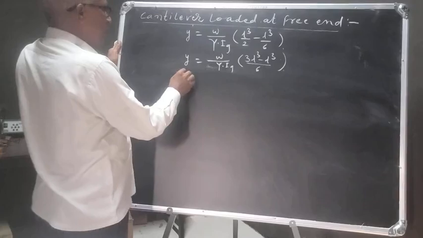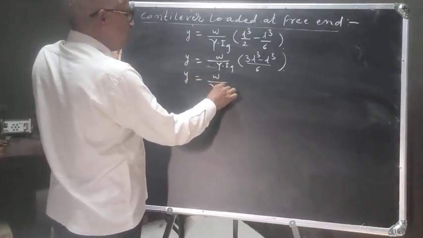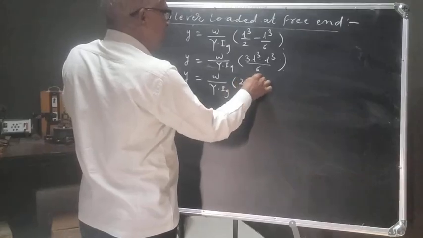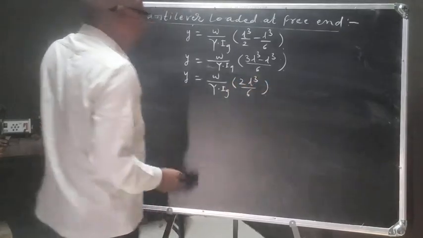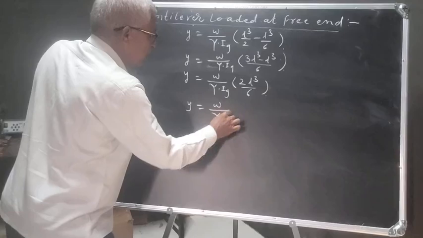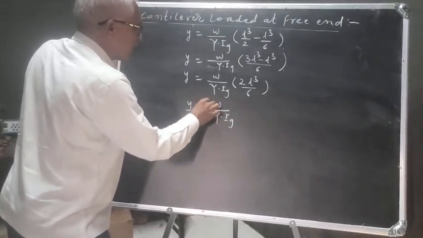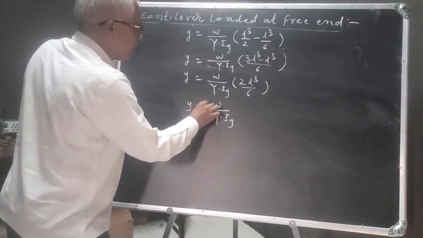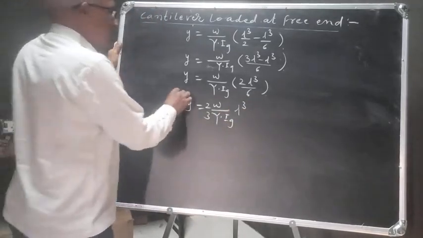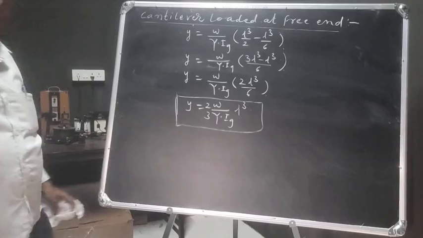This equation is y equals W upon Y into Iz, into 2L cube upon 6, that is 2 by 3 into L cube.